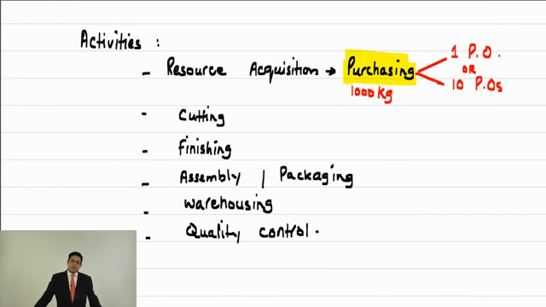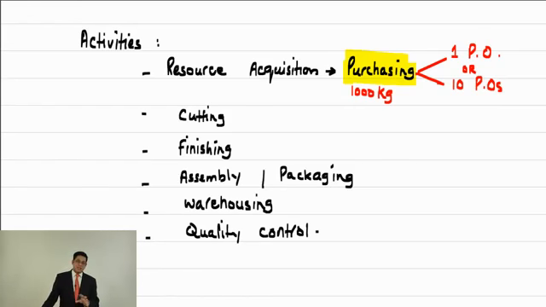If we buy 1000 kilos in 10 purchase orders, do we not need to contact the supplier 10 times? Do we not need to exchange the communication or information 10 times? Do we not need to raise invoices 10 times or get the invoices 10 times? And do we not need to get the material delivery 10 times, inspection 10 times, and transferring to the warehouse 10 times?